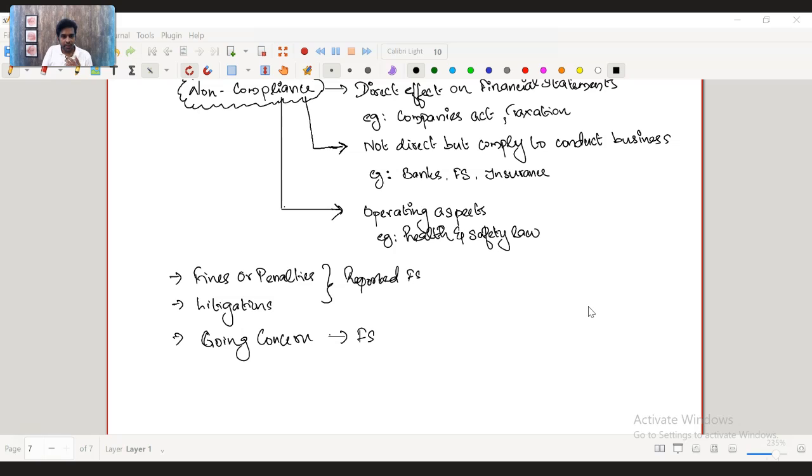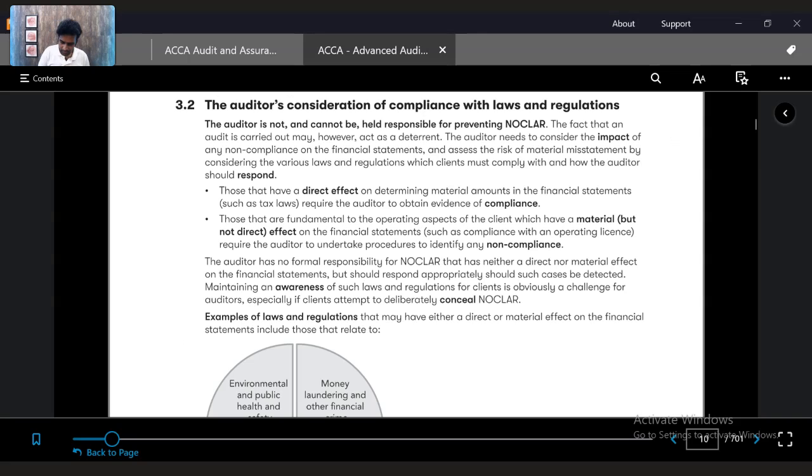So it is the auditor's responsibility, for any laws and regulations which have a direct and material effect on the financial statement, to detect whether the company is doing certain non-compliance activities which could lead to the financial statement having a misstatement which is not properly reported.